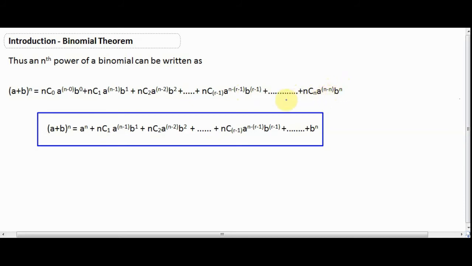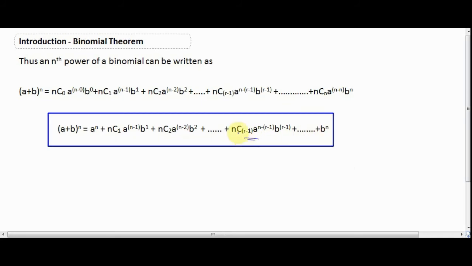Now if we simplify this, we get a general expression for (a + b)^n, that is equal to a^n + nC1 a^(n-1) b^1 + nC2 a^(n-2) b^2 + etc. + nC(r-1) a^(n-(r-1)) b^(r-1) + etc. + b^n.